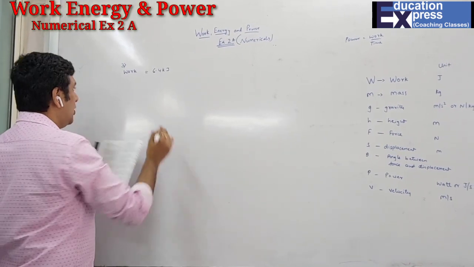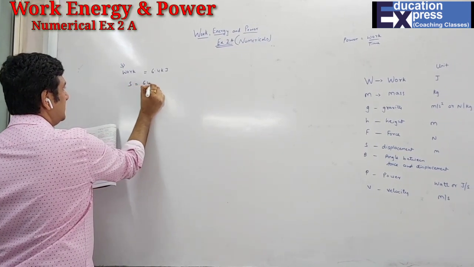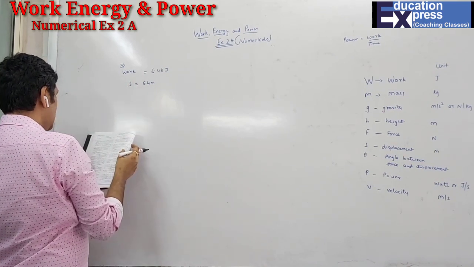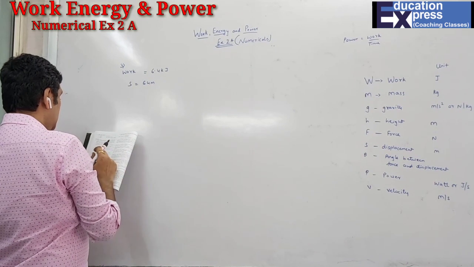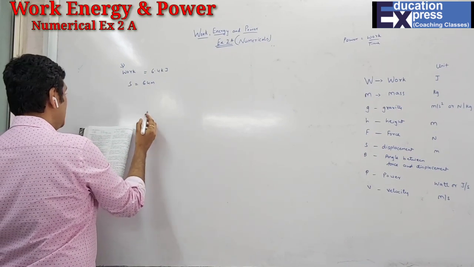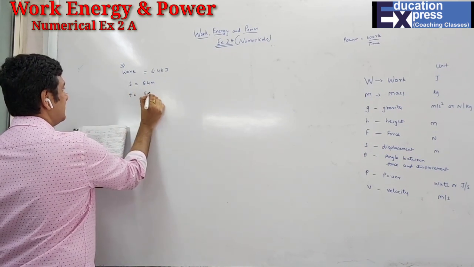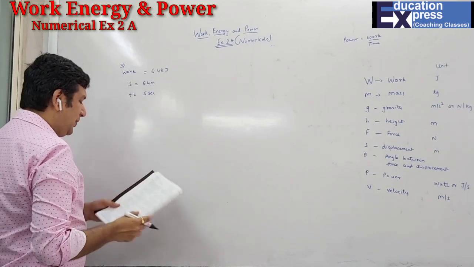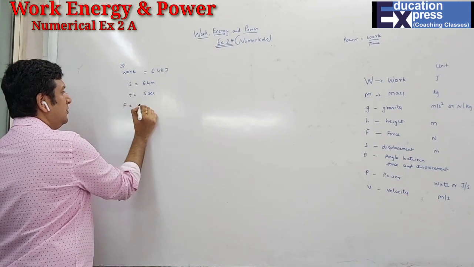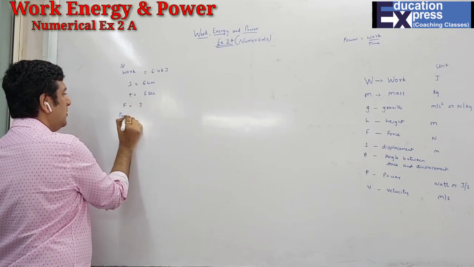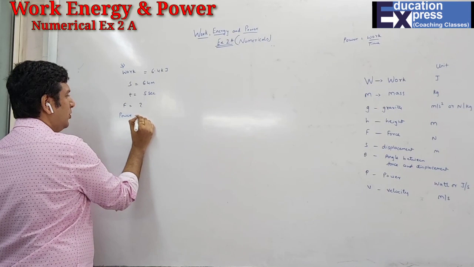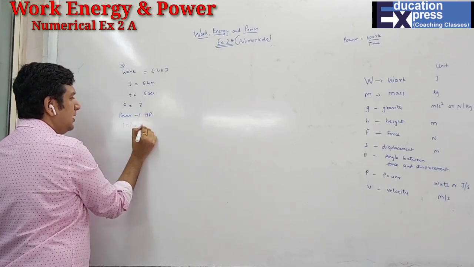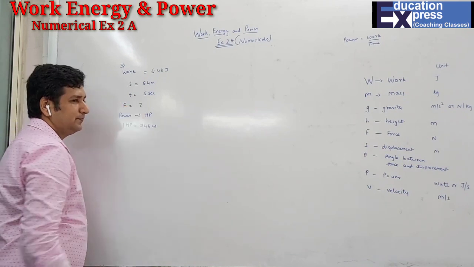In displacing the body by 64 meters in the direction in which he applies the force for 5 seconds. Calculate the force applied and the power spent in HP. Find the force and the power, and here the power is compulsorily wanted in horsepower. We all know that 1 horsepower is 746 watt.